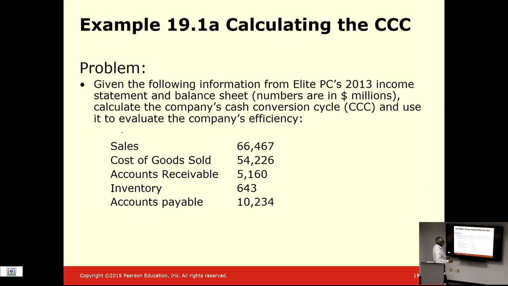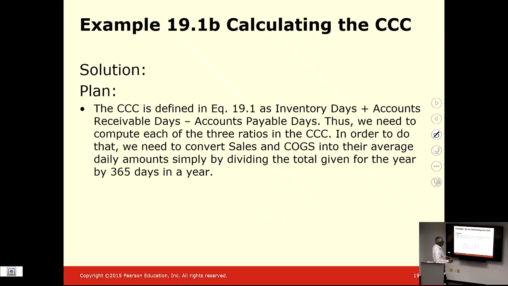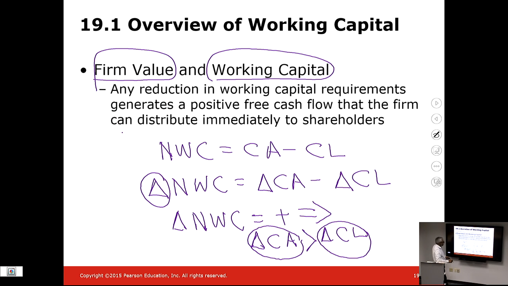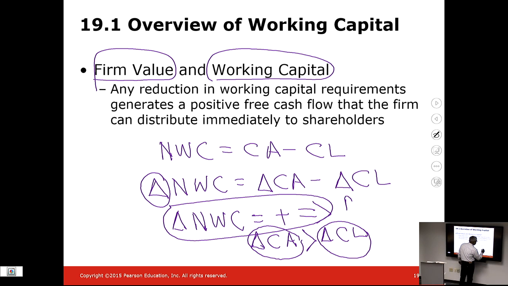But over here, what's happening? When net working capital is positive, it is the current asset side that is longer than the current liability side. So the net impact of an increase in net working capital is that it will reduce free cash flow. And vice versa.